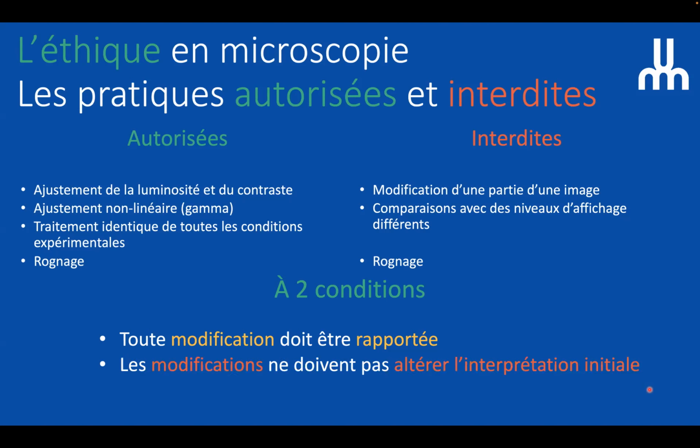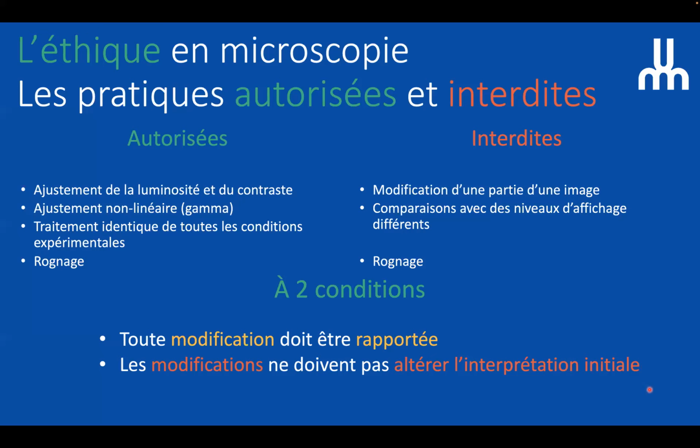The second thing is you cannot do a modification that's going to change how you perceive or interpret the image. If it changes the conclusion you want to draw from the original image to the final image, then it means you cannot do that. An example of cropping is like I'm comparing a control situation where I have cells on my image, and I'm going to crop on one single cell.